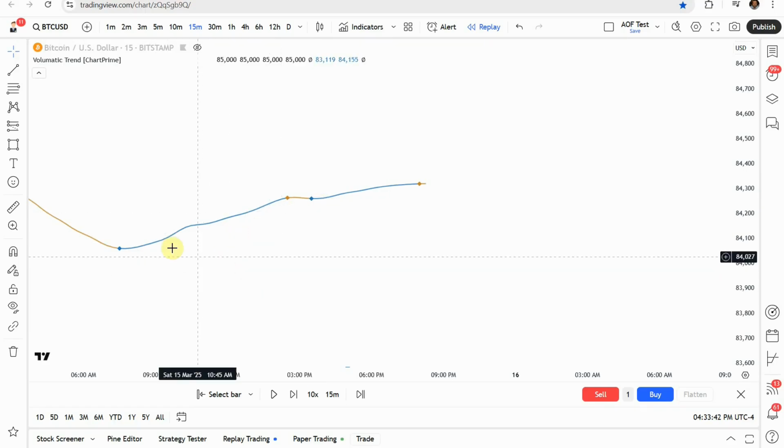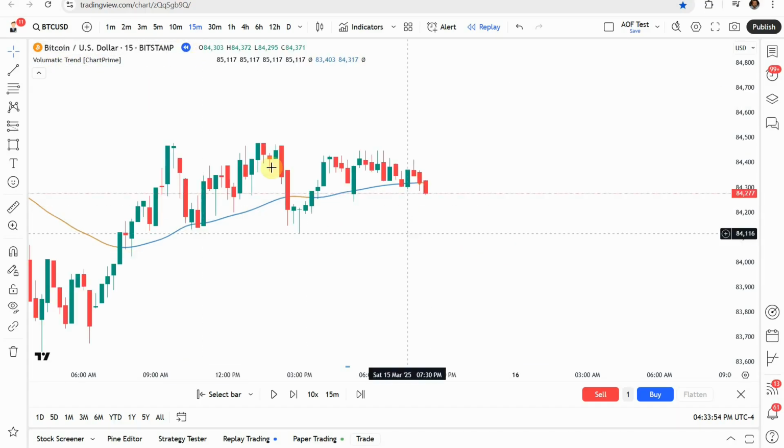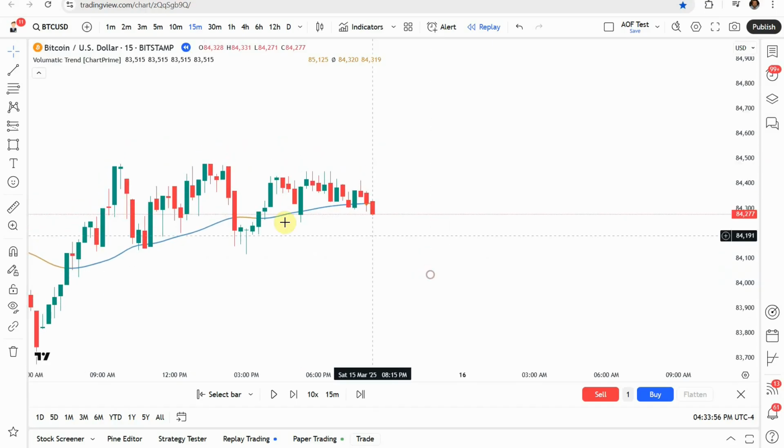And so when it has a blue diamond or a blue moving average, you should be going long, and anytime it's gold, you should be going short. And so that's how I tested it, was just the simple coloration shift in the line itself.